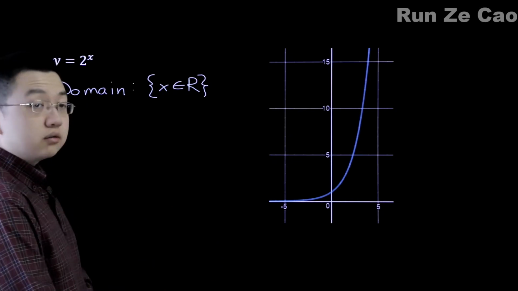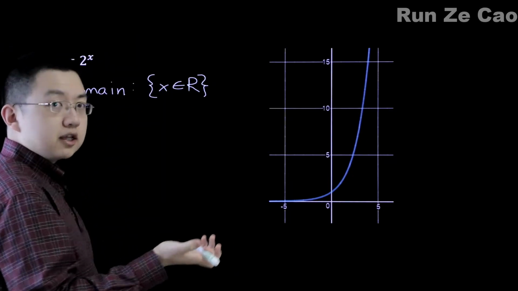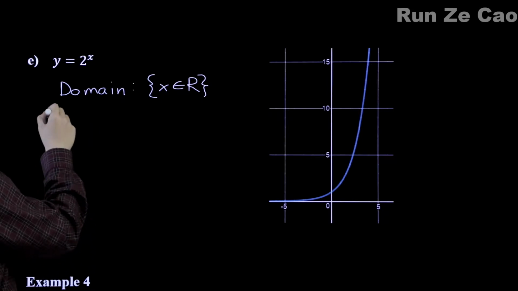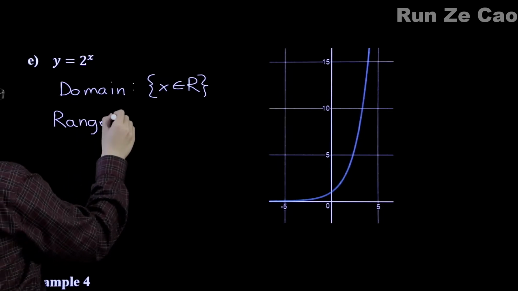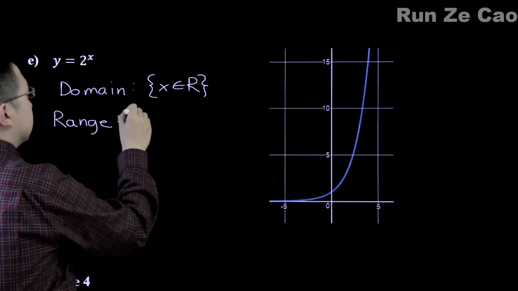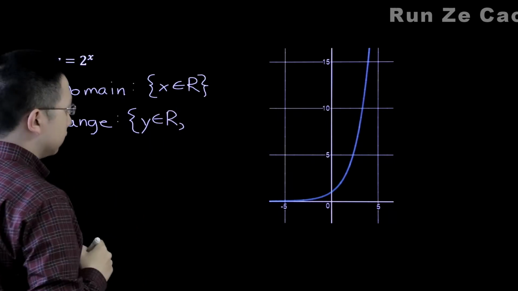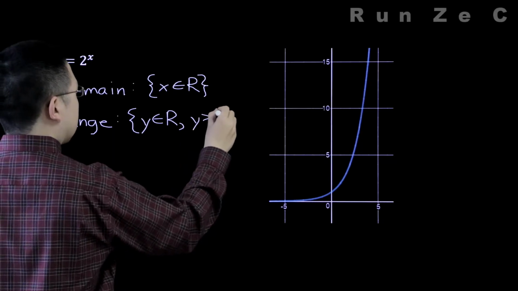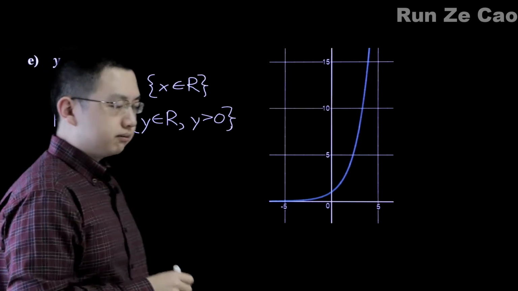There are no negative values here because 2 to any value can't be negative. So the range is equal to, first of all, we need to state that y is an element of the real numbers and that y is strictly greater than 0. Not greater than or equal to, strictly greater.